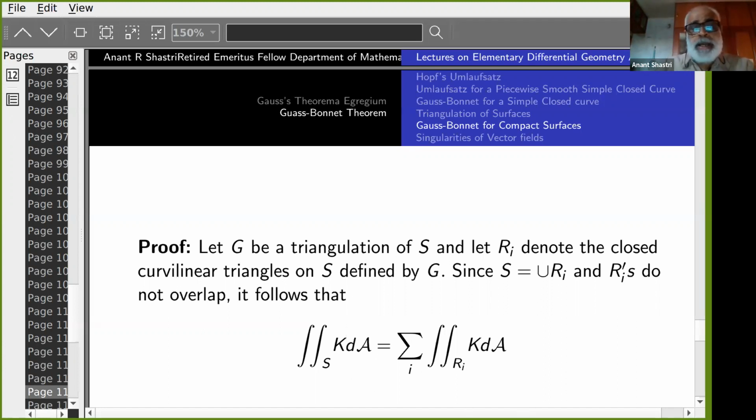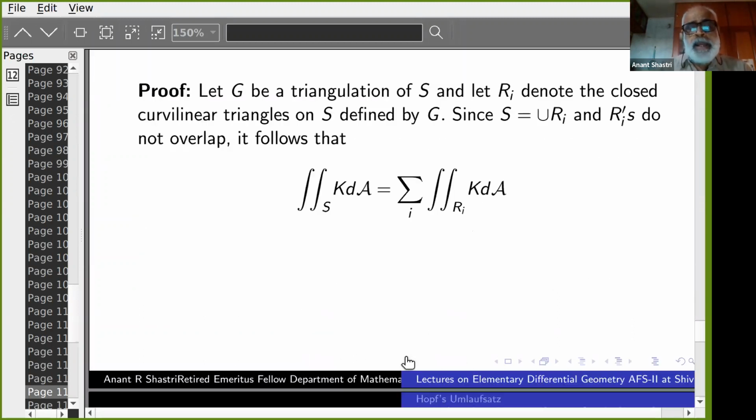It follows that the left-hand side of the Gauss-Bonnet formula, the integral of K over S, is the same as the integral of K on each Ri, summed over i, because these are non-overlapping areas.